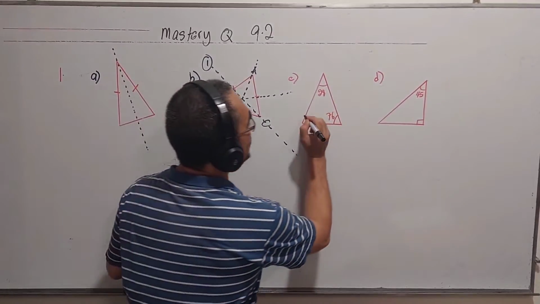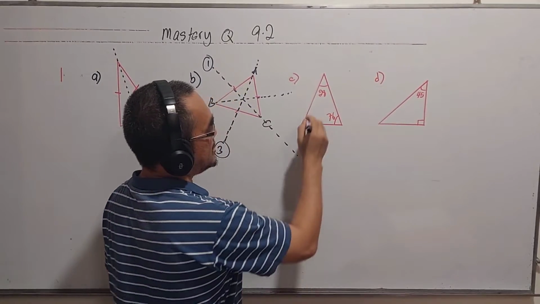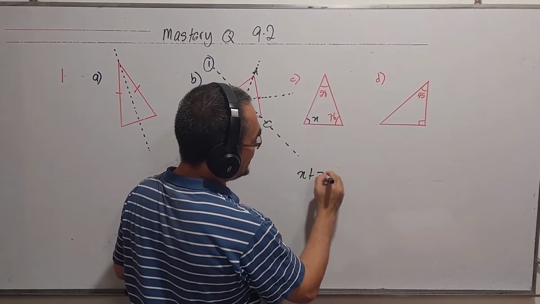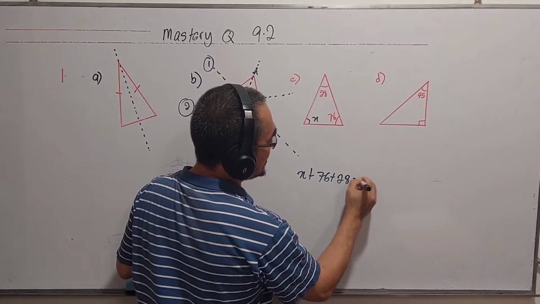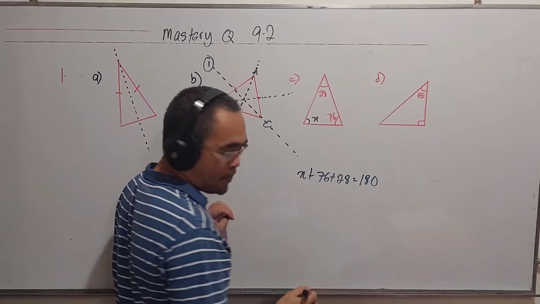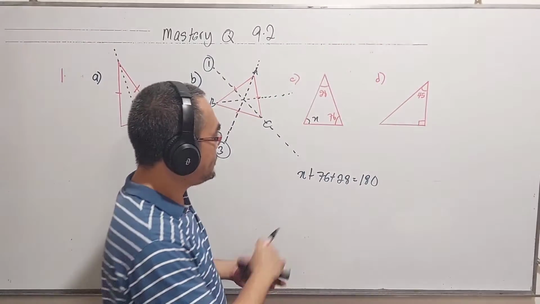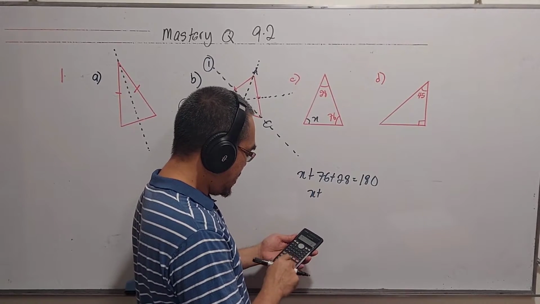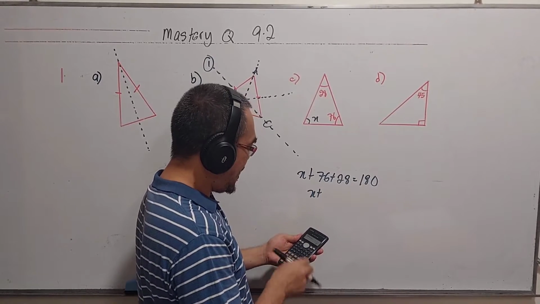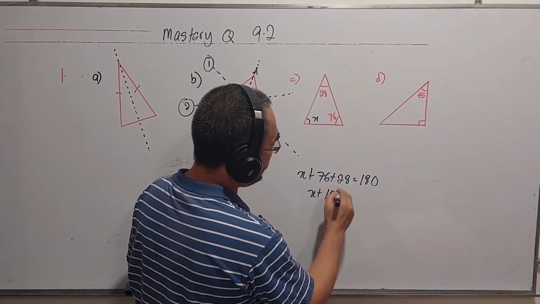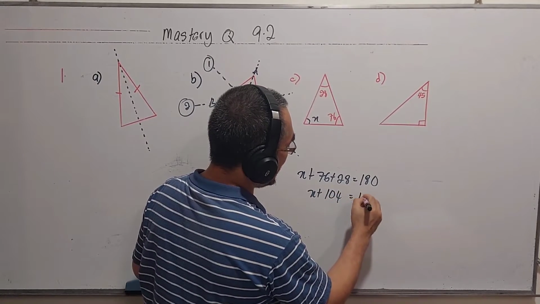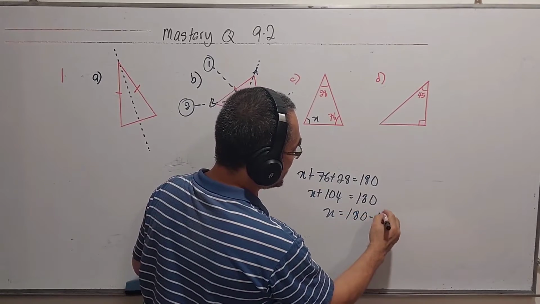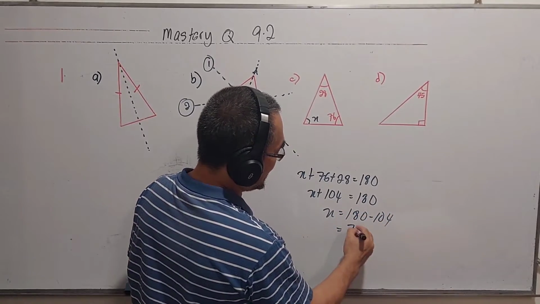I do not know what the angle is here. Let's find the value of x. So x plus 76 plus 28 is equal to 180. So x plus 76 plus 28 is 104, equal to 180. So x is 180 minus 104, which is 76.